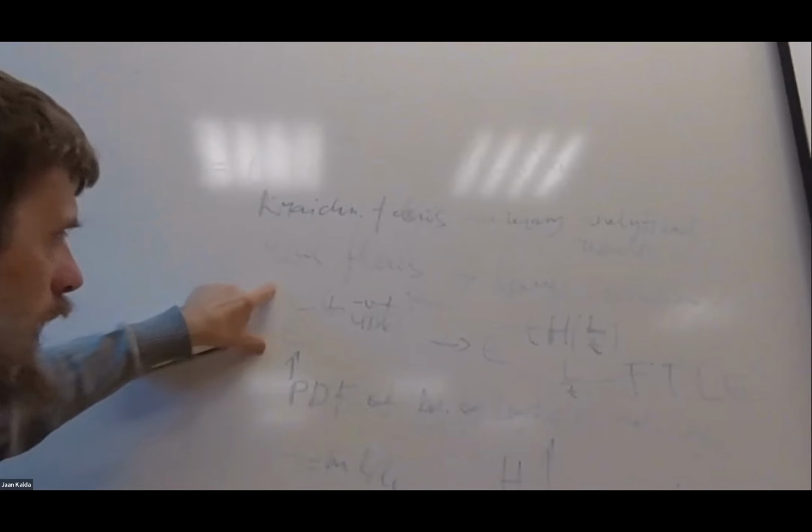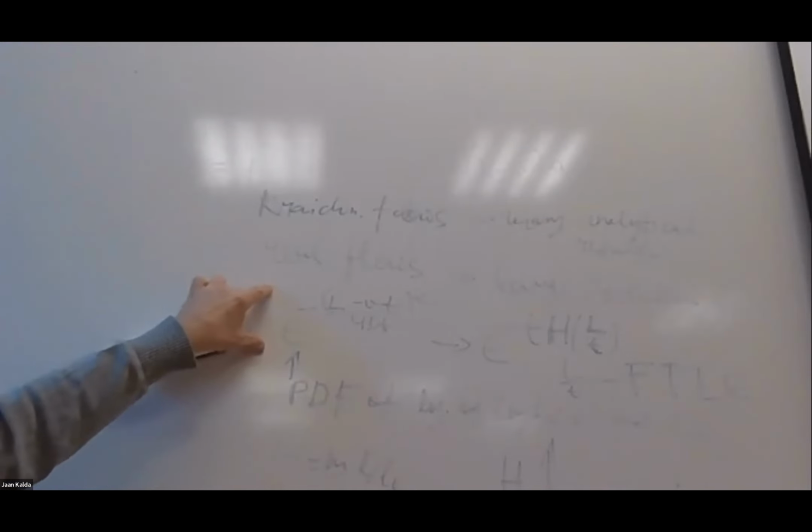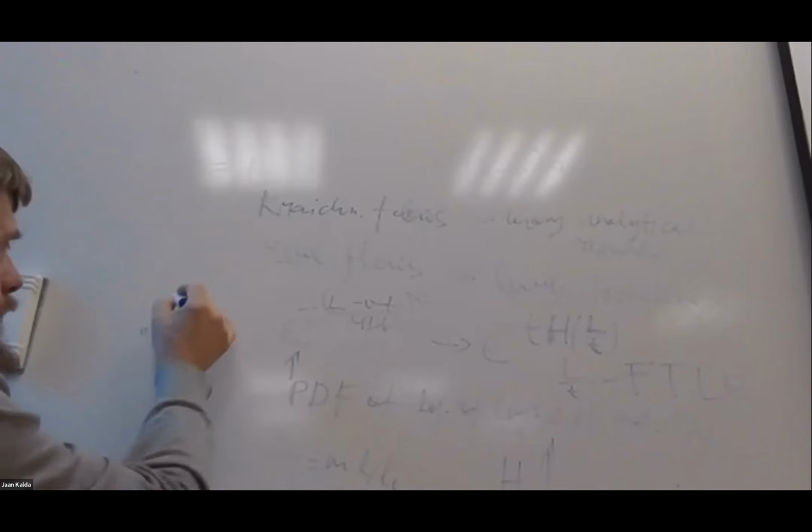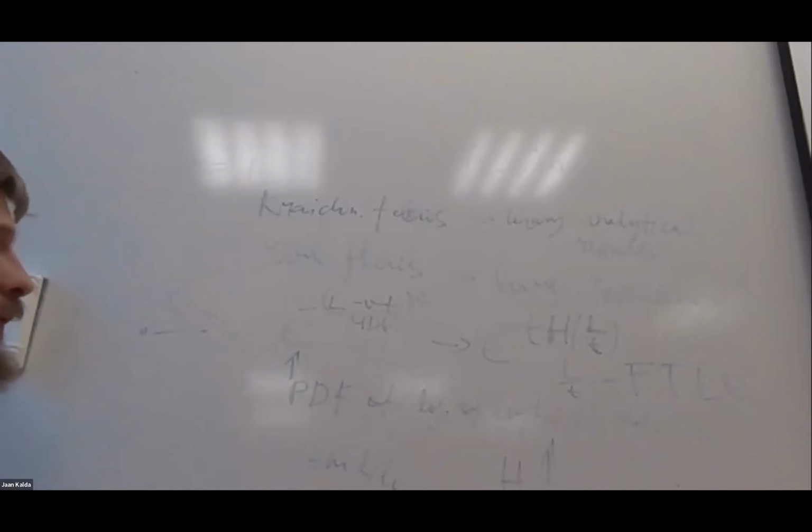This L describes the length of the line, but you can also imagine two points being at the ends of the line. L is the length between the two points. Then you take L to the power of n, take the average over different realizations, and see how this starts growing in time.